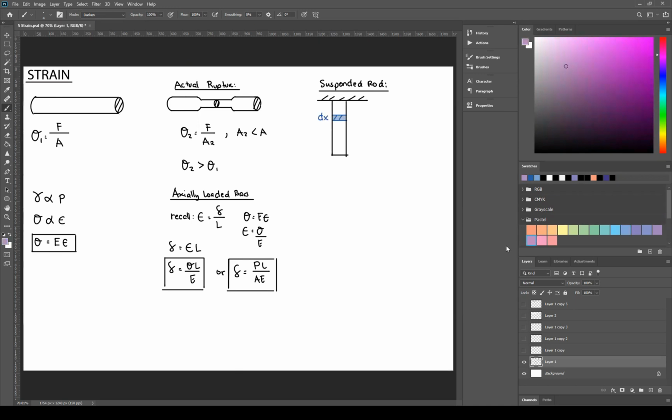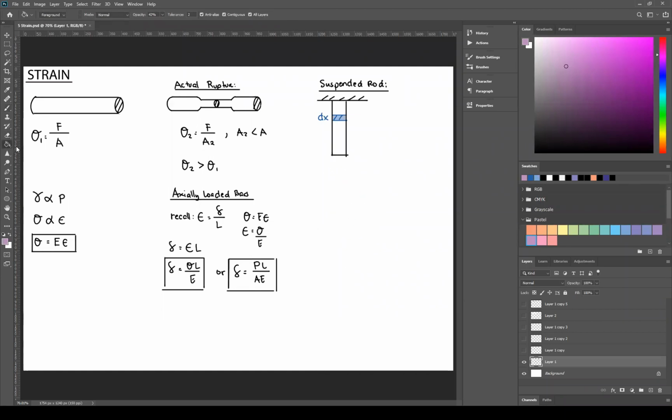Now this dx has this portion attached to it. Just imagine a very thin piece of metal with negligible weight. If there's something attached below it, it causes that metal to pull downward. What's causing it to pull downward is the weight of this section itself, because there's no applied load here.